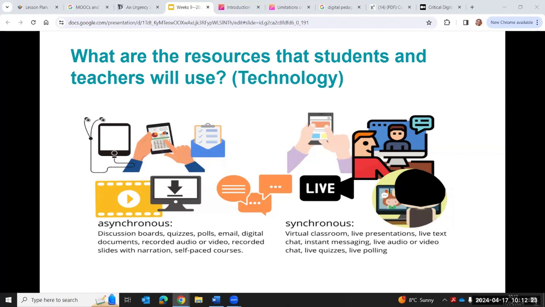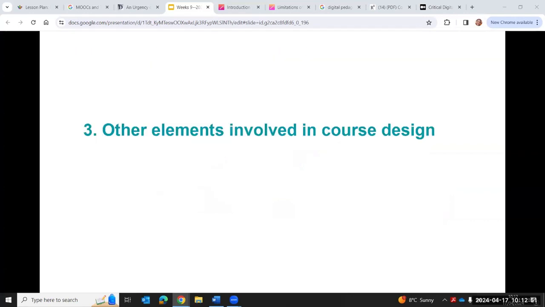So I could be texting on WhatsApp, and the other person on the other end could really be responding right away, or could take some time responding, at the end of the day, whenever that person is not busy. So in that way, it acts both ways, synchronous and asynchronous. So what kind of interactions do you want to have with your students? What kind of tools will facilitate that interaction? That's important to think about.